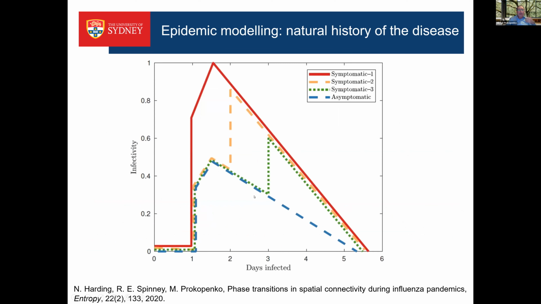Another example, slightly more refined, of something like natural history of the disease shows, for example, that across a range of agents, you could get different infectivity profiles, like some agents may follow the red profile and some agents may follow the green profile with slightly different probabilities of infection over time.